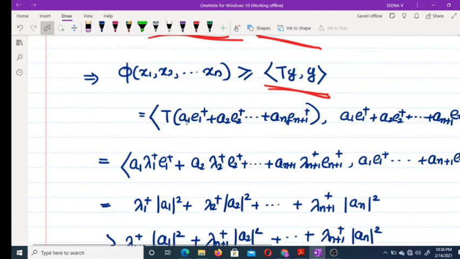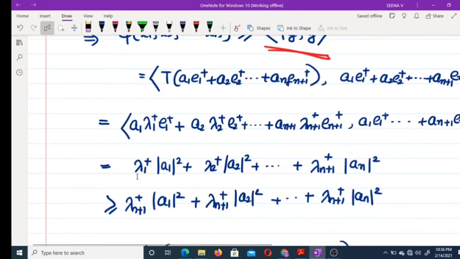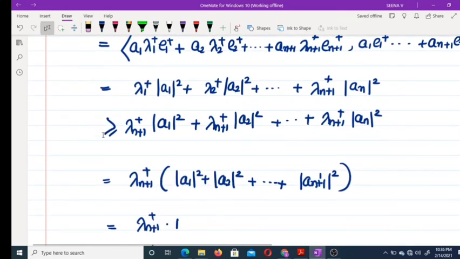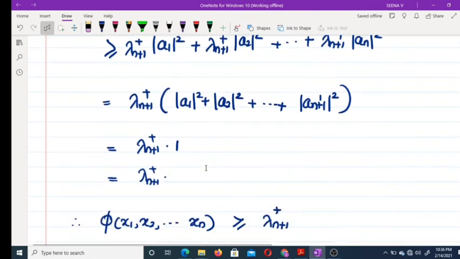Now T e1 you can write as lambda 1 plus e1, etc. And lambda 1 plus times modulus of a1 square, etc. And lambda 1 plus is greater than lambda n plus 1 plus, so replacing each lambda by lambda n plus 1 plus and taking it outside, we get this one, and this is equal to 1.